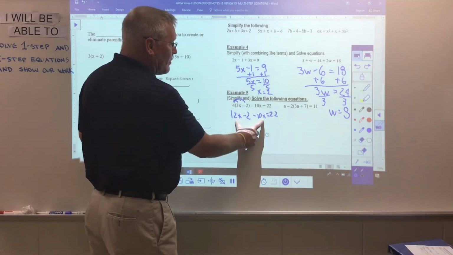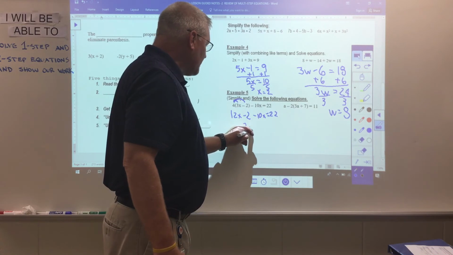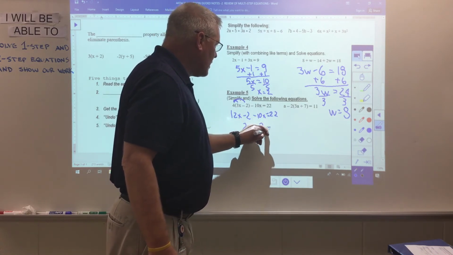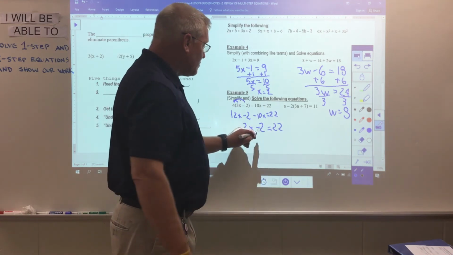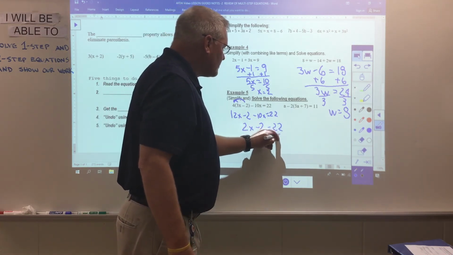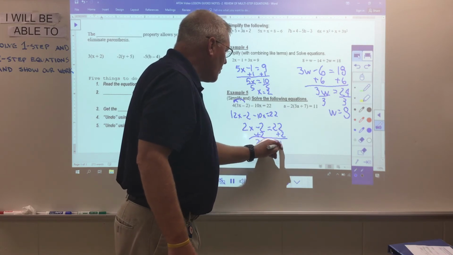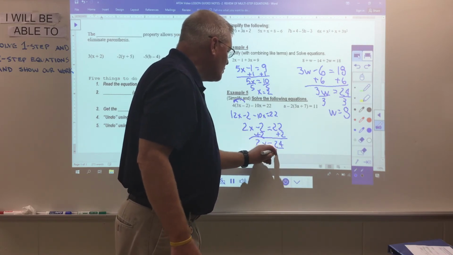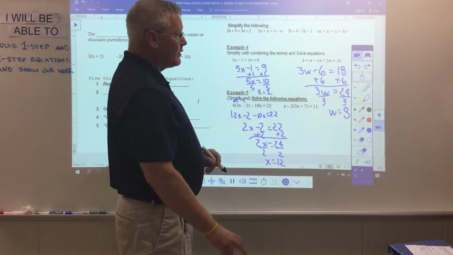Now we're going to go ahead and combine like terms. Notice we have a 12x and minus 10x. That gives us 2x minus 2 is equal to 22. Now notice we have a two-stepper right there, so we can add 2. So we get 2x is equal to 24, divide by 2, and we have x is equal to 12. Hopefully we did that one correctly.